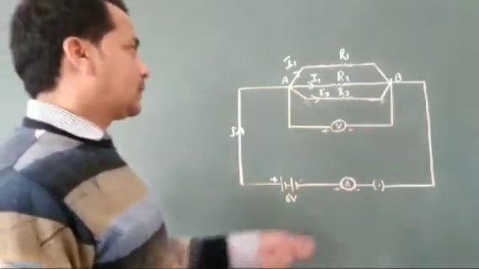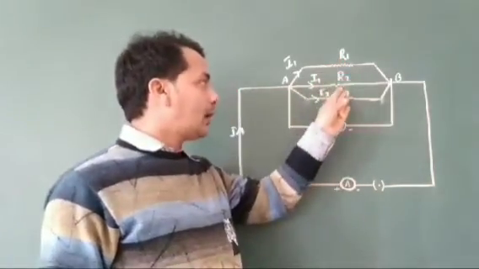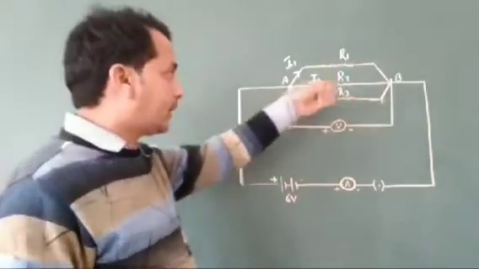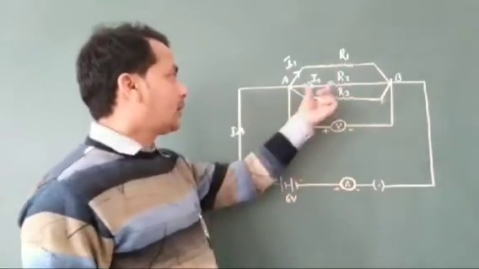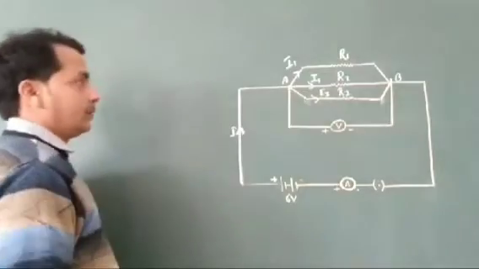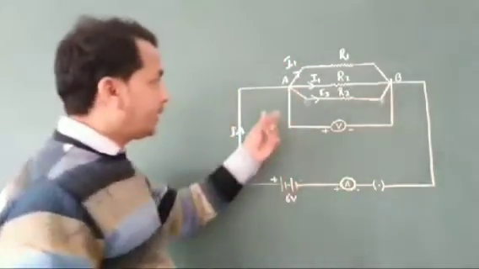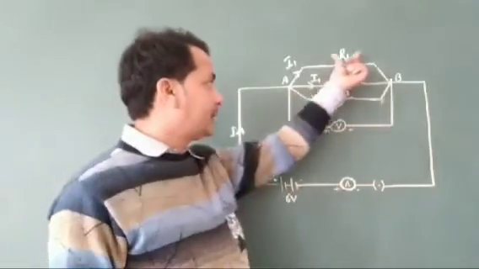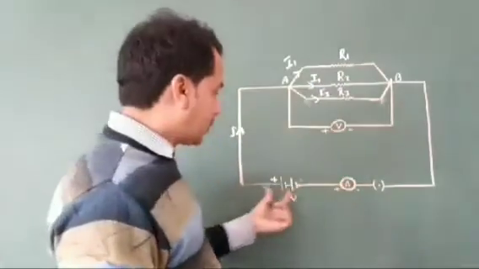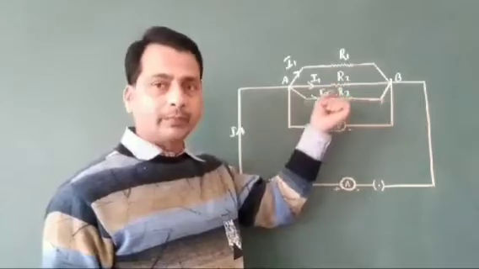So R1, R2 and R3 are connected in parallel combination. In a parallel combination, the electric current will be different in each resistor and the potential difference will be the same.